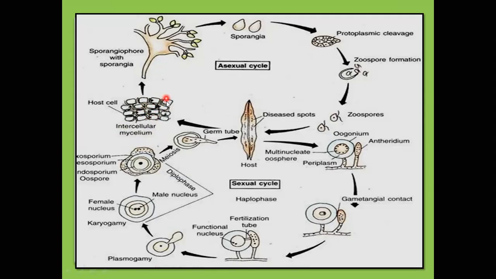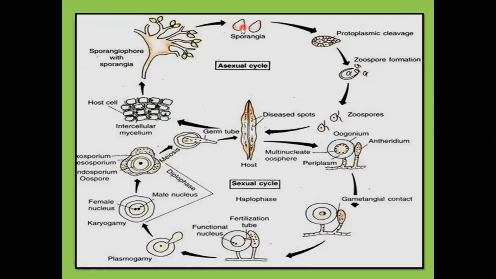This mycelium emerges out from the infected stroma and produces the sporangiophore. This sporangiophore is unbranched up to three-fourths of its length, meaning it is unbranched in the base portion. At the tip of the sporangiophore, the sterigmata are produced, and the sporangia are produced at the tip of these sterigmata.